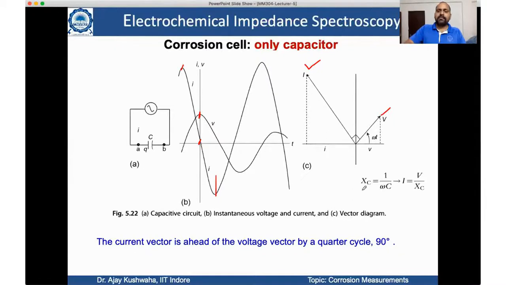So here the impedance can be written as Xc equals 1 upon omega C. Omega is the frequency and C is the capacitance value, the capacitor value. Then current I will be voltage divided by the resistance. So in this case, current will be equal to V upon Xc.